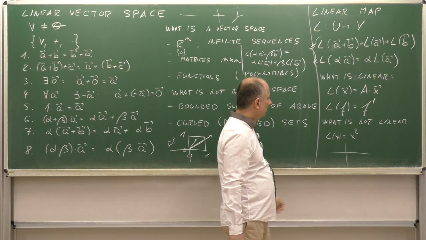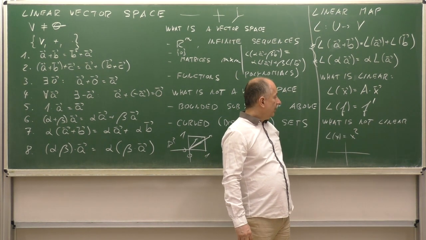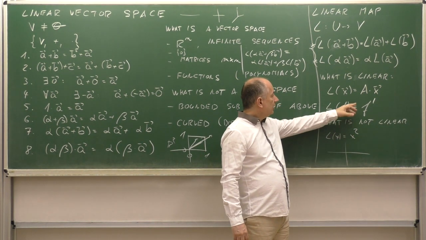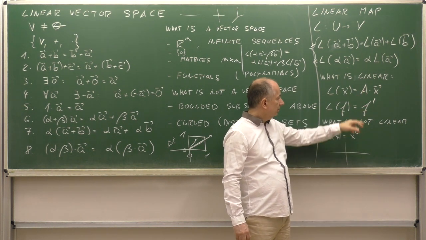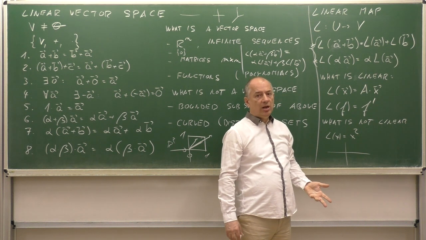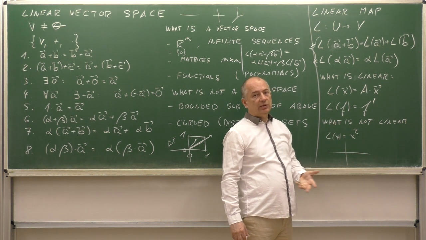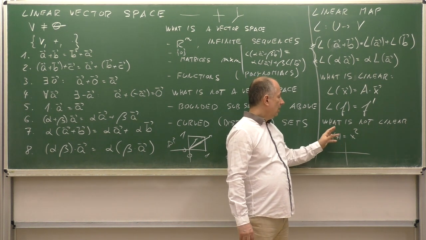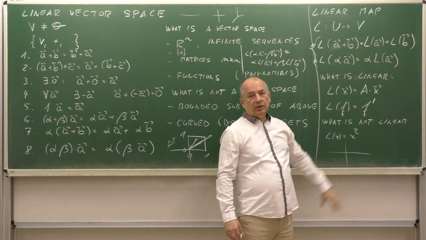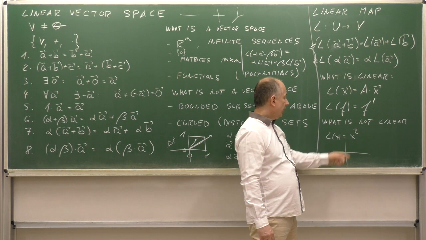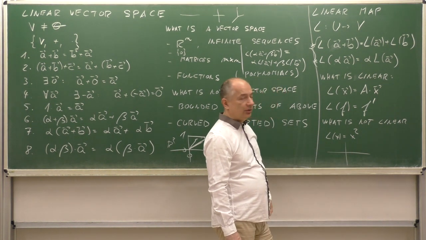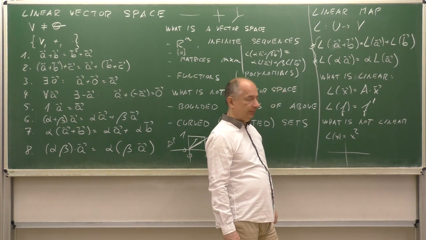And many others. And what is not linear, if there is a different operation than multiplication, say x squared, sine, logarithm, exponential, tangent, arctangent, division, all these operations give rise to a function or map that is not linear.